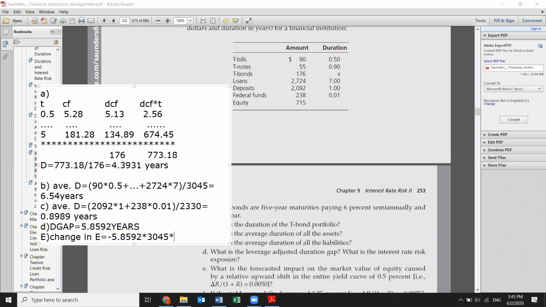It shifts upward, so 0.005. So the interest rate shock has got positive shock, but however, that positive will trigger down your equity. So your equity change will be equal to minus 89.207.